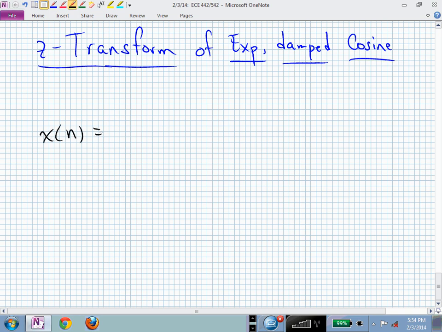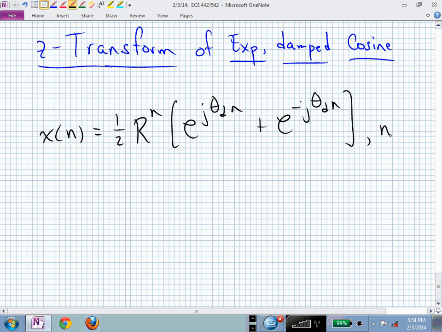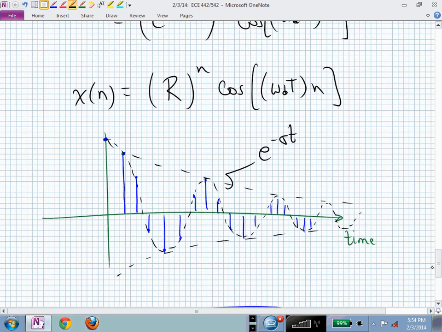Our x of n is now 1/2 r to the n, e to the j theta sub d n plus e to the minus j theta sub d n. Just expanding that cosine of theta sub d n.